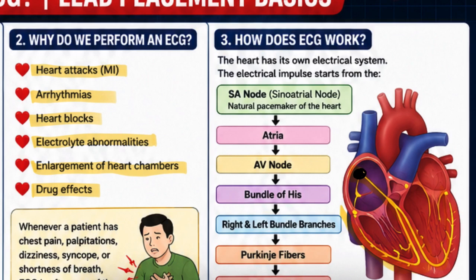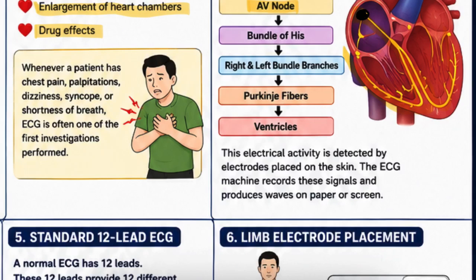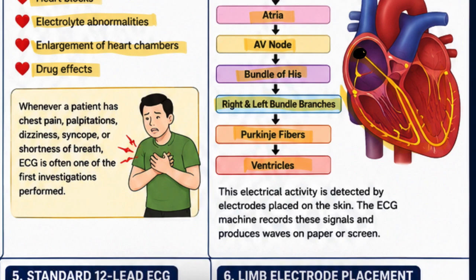This sinoatrial node is the natural pacemaker of the heart. The impulse then travels first from the SA node to the atria, then to the AV node, then the bundle of His, then the right and left bundle branches, and Purkinje fibers and ventricles.